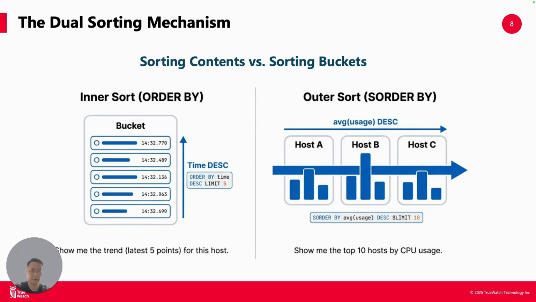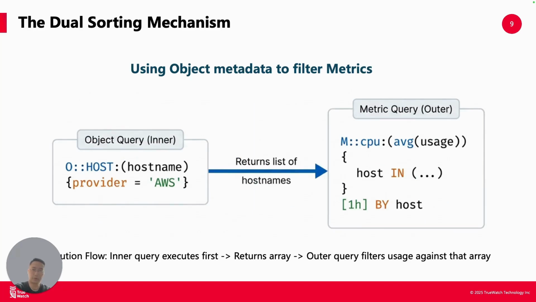The second is the outer sort, which is s order by. It sorts the buckets themselves, like sorting hosts after we grouped by host. So for example, s order by average usage descending s limit 10 means show the top 10 hosts by average CPU usage.